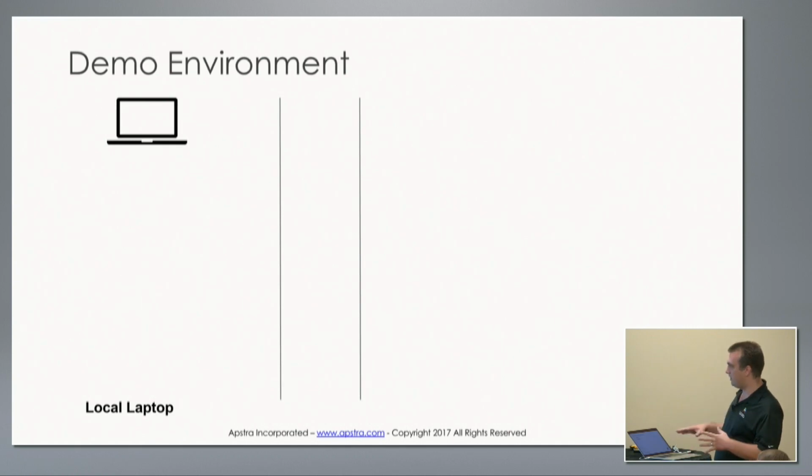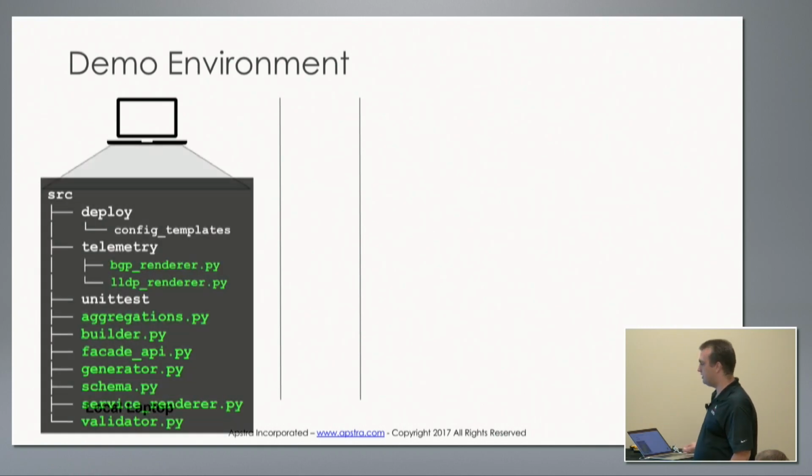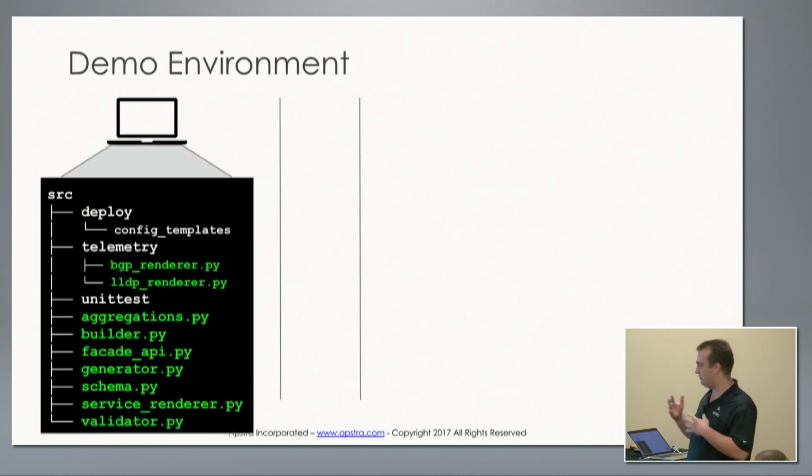So in terms of the environment, I have the code of the app on my laptop. And it's mainly composed of Python files. We have almost a one-to-one relationship between a plugin and a file. So we have one file to define the schema, one for the facade. We have a lot of files to define the telemetry for each type that we want to extend.